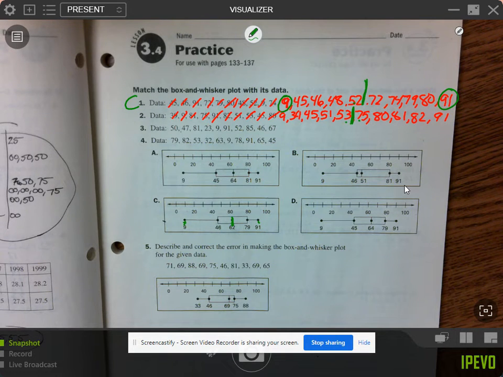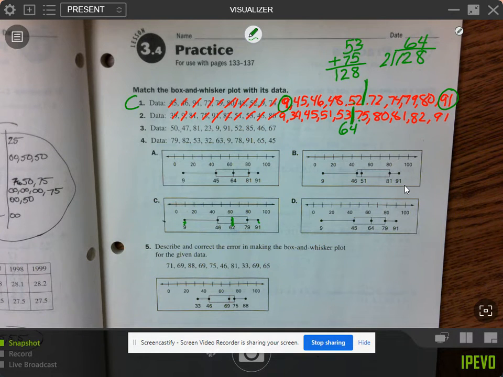It is 64. If we're not sure, we add 53 plus 75, which gives us 128, and then we divide it by 2 because there were 2 numbers we added together. So 2 goes into 12 6 times, 2 goes into 8 4 times. So we get 64 for our median.